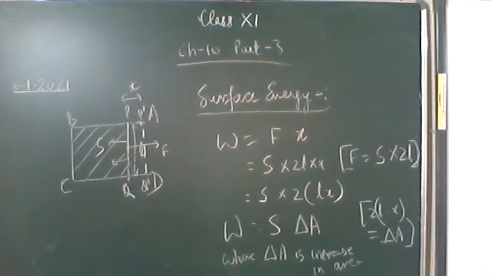Now this work done in increasing the area will be stored in the form of potential energy, and this potential energy we call surface energy. So what is the expression of surface energy? Surface tension into the increasing area. So delta A is the increasing area of both the surfaces.